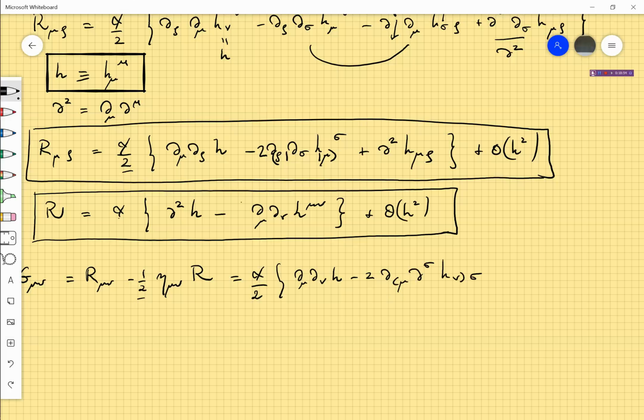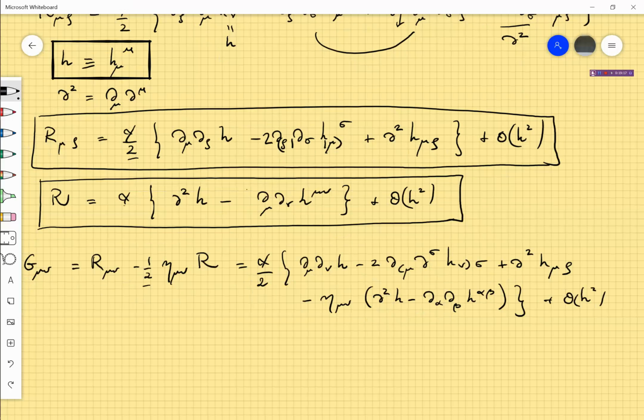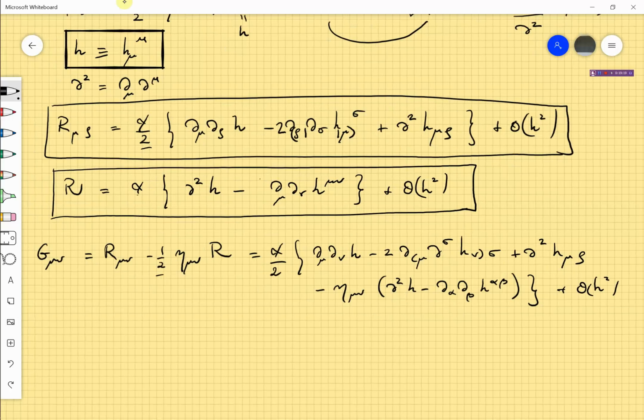This is equivalent to what I wrote before, of course, plus partial square h mu rho, and then minus eta mu nu partial square h minus partial alpha partial beta h alpha beta. Okay, plus terms of order h squared.